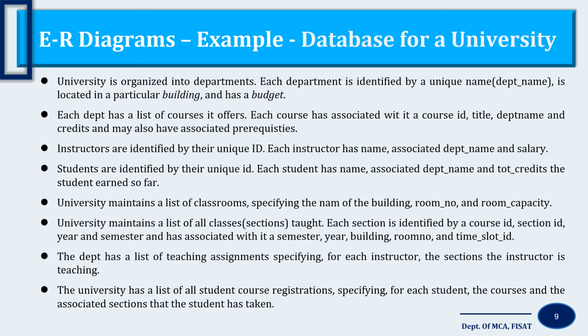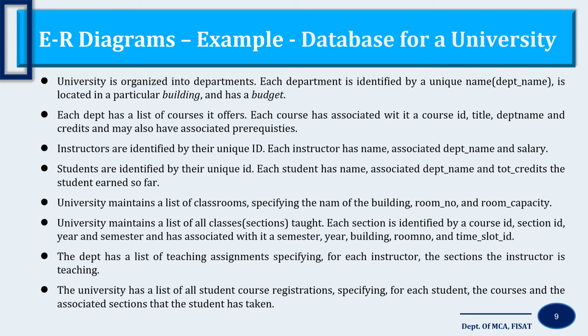Then students are identified by their unique ID. Each student has a name, associated department name and the total credits the student has earned so far. So that is another entity described for the students. Then the university maintains a list of classrooms specifying the name of the building, the room number and the room capacity.